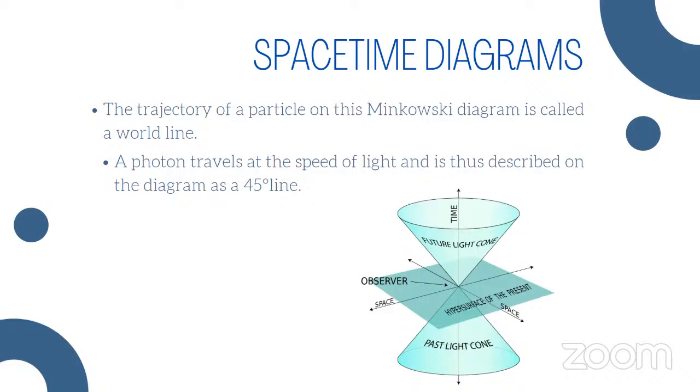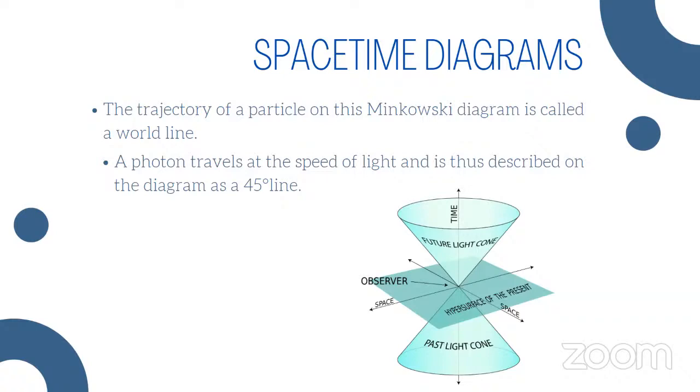Now a photon travels at the speed of light. A photon traveling in any direction makes a 45-degree line with the space and time axes, which means it travels equally along the space axis and the time axis. Any practical object travels slower than the speed of light, which means it falls within the cones, the past light cone and the future light cone.